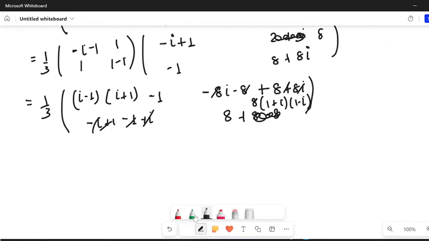And eventually I'm getting 1 upon 3, 1 minus iota, and this would be minus of 2. I think there's a mistake here. Iota plus 1 minus of 2.